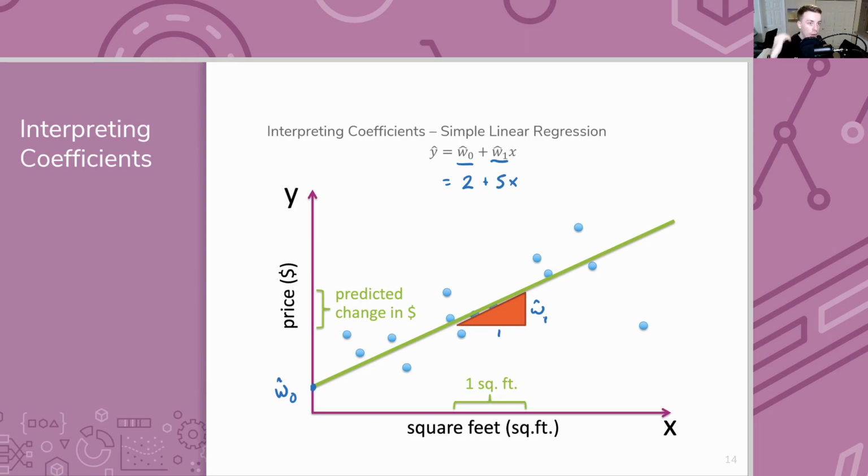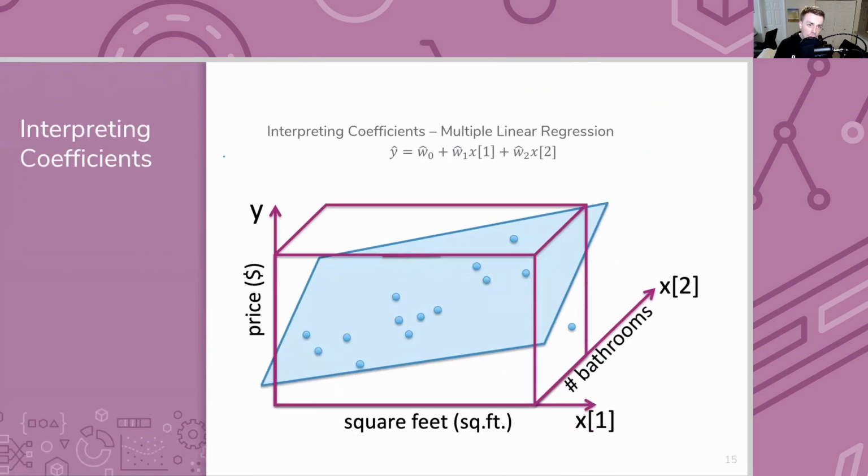So in this example of pricing houses, if you learn the coefficients 2 and 5, you would know that the price of a 0 square foot house is 2, and that if you increase the square footage of a house by 1, its price would increase by 5. So you can interpret the result from the model that results from your training and make inferences about the world. In the simple linear regression case, it's very straightforward to interpret coefficients just like slope and intercept.